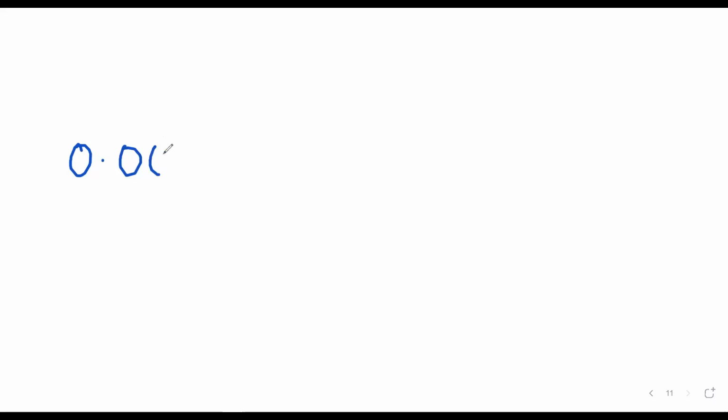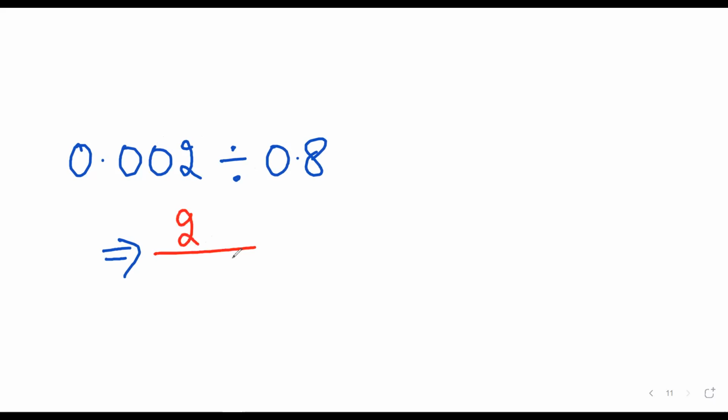You may not be confused, but there are a lot of kids who get confused. Aishwarya ji, what should I write this as? So it will be 2 upon 1000, divided by 8 upon 10 or 800 upon 1000.